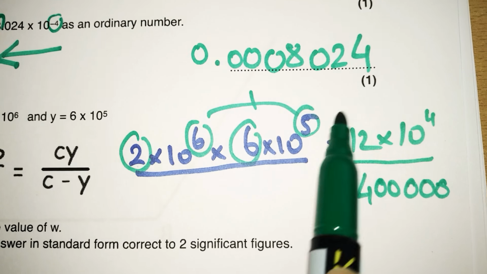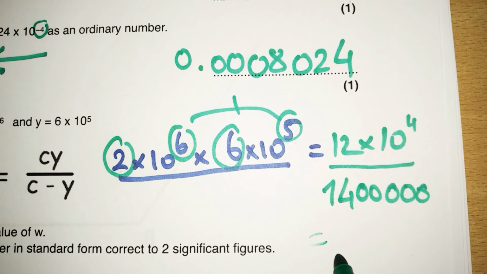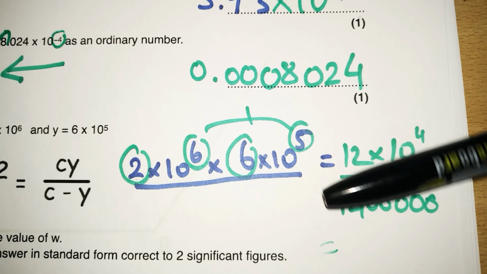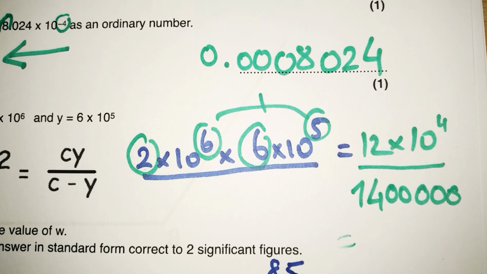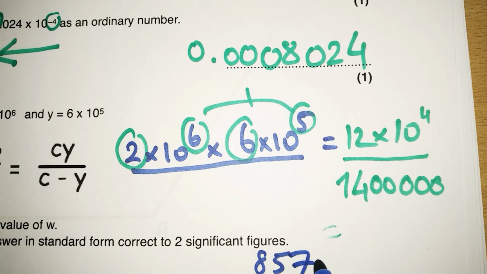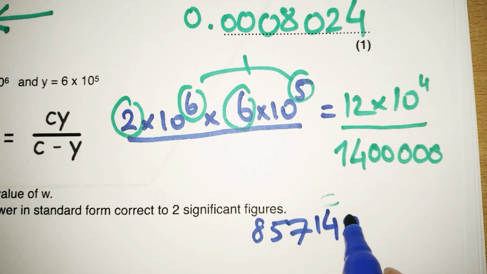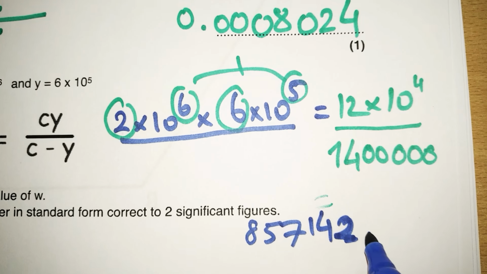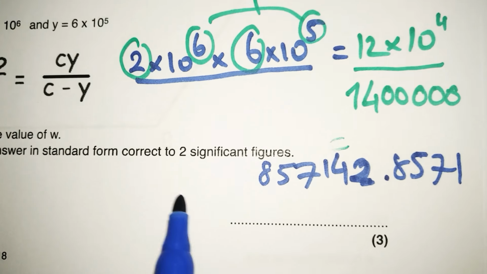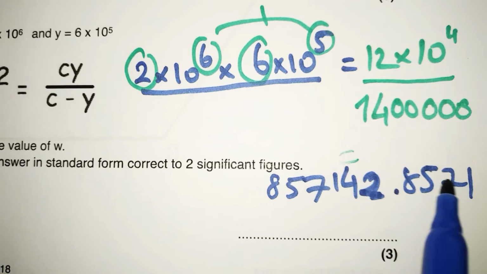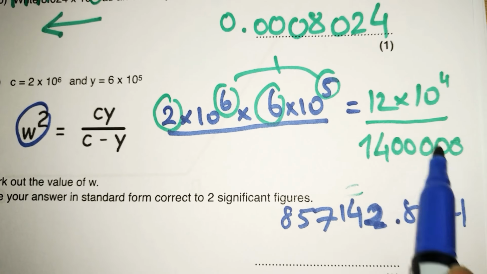So when you put this in your calculator, you will get 85714.2857. But this is not w, this is w squared. Remember the formula: w squared is found through this calculation.